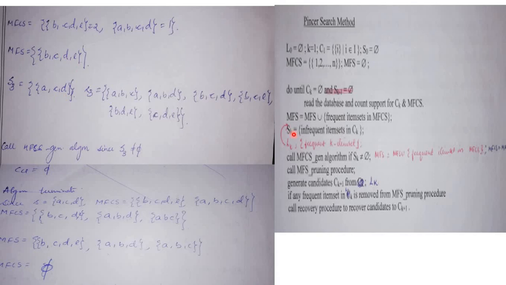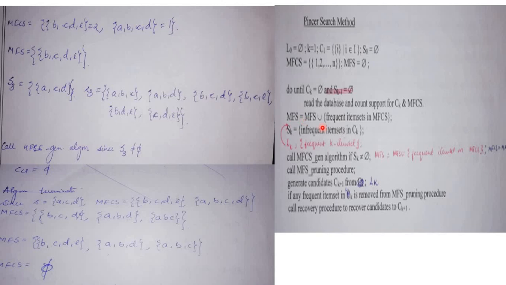Once I get the count, I should be doing MFS equals MFS union frequent item sets in MFCS. Now if I look here, MFCS has an item set with count 2, which is now frequent. So I move that item set into MFS.